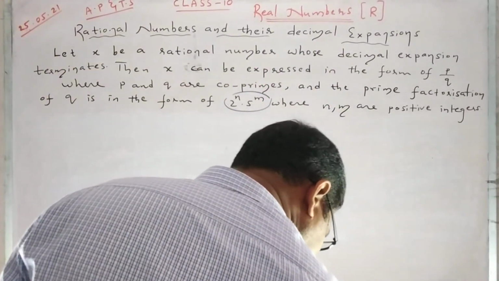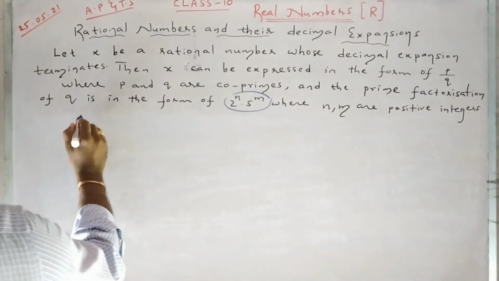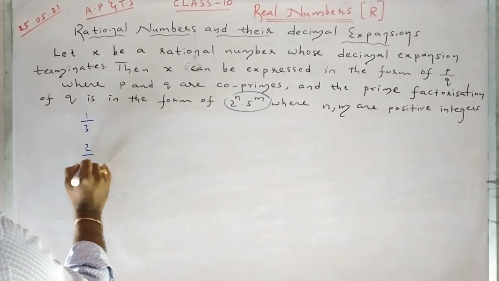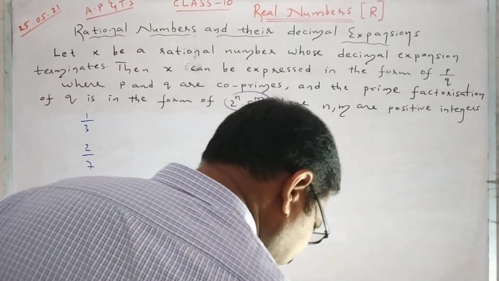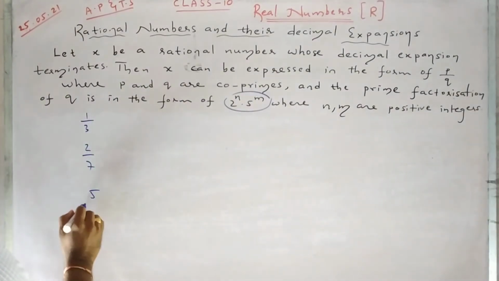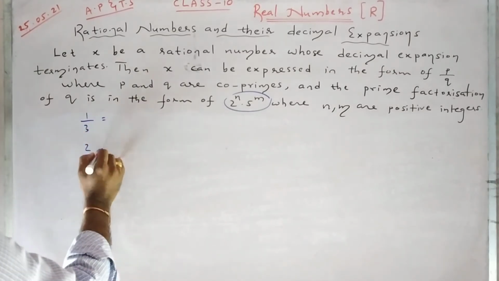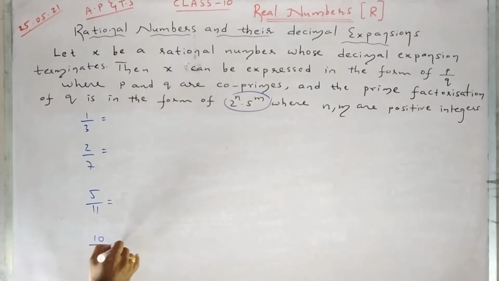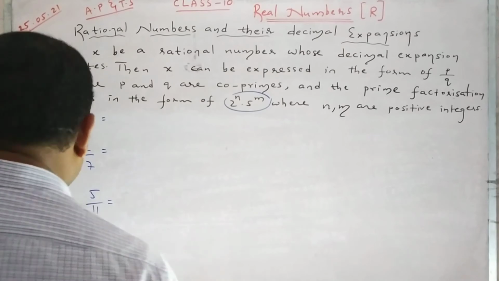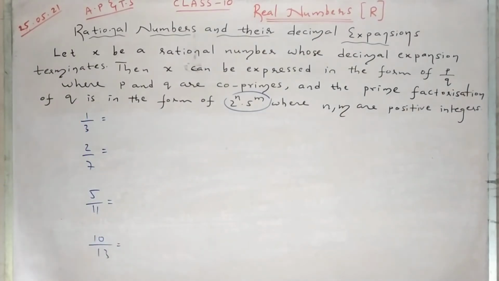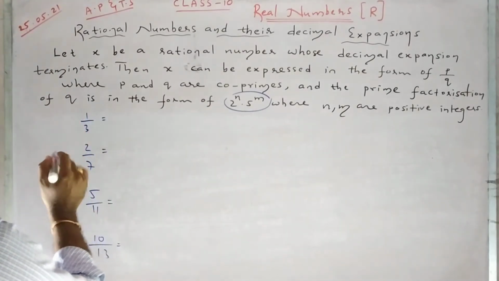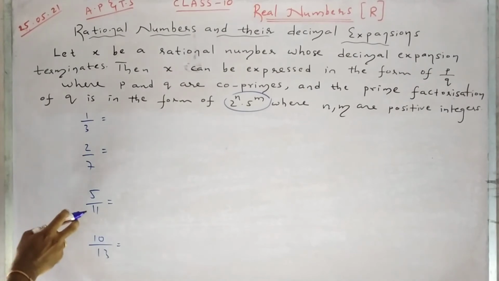Now for example 1 by 3, 2 by 7, 5 by 11, 10 by 30. Observe these fractions. The denominators of these fractions have primes other than 2 and 5. Here we have 3, here we have 7, 11 prime.